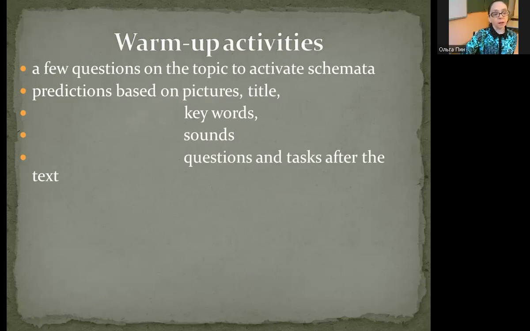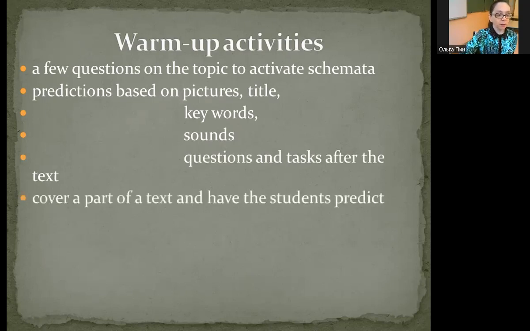It's advisable that students first make their predictions individually, then discuss them in pairs and threes, and finally as a class. Then you can cover part of the text and have students predict.